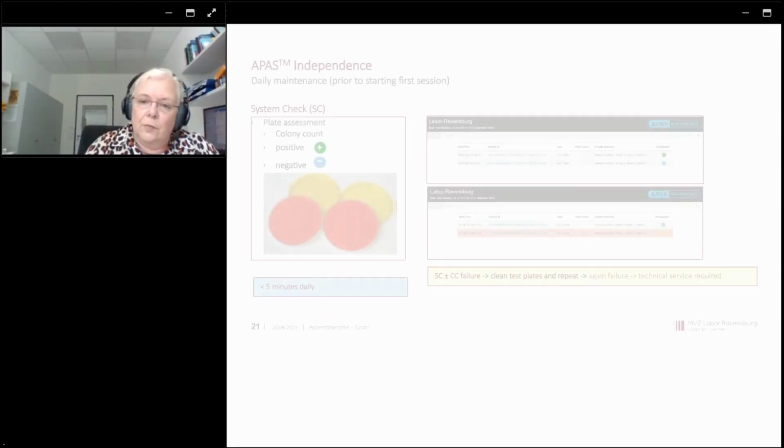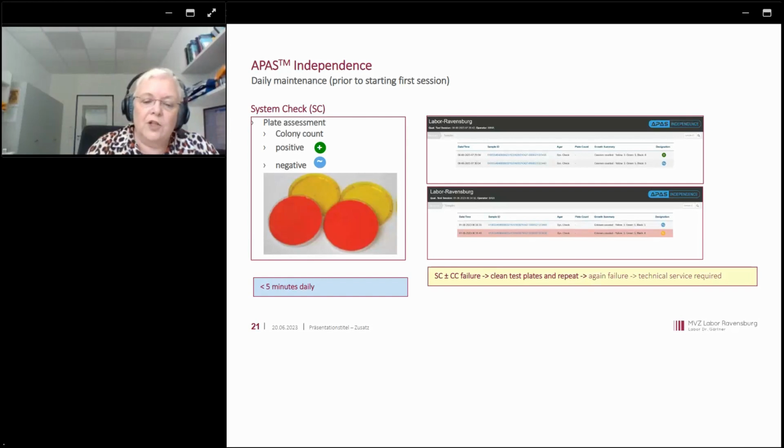Second, you have to perform a so-called system check. Here you are using 2 plates with some differently painted colonies. And with these, the recognition and counting of colonies are checked, as well as the transportation to the right output stacks. One plate is designed for being sent to the positive and the other for being sent to the negative stack.